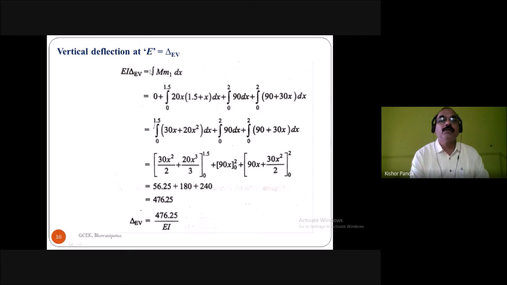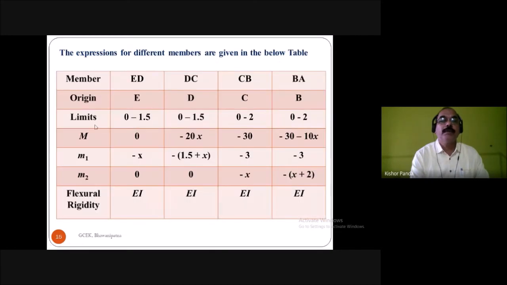Then you put the value of capital M and small m1. This is the integration limit: for ED 0 to 1.5, for DC the integration limit is 0 to 1.5, for CB the integration limit is 0 to 2, and for BA the integration limit is 0 to 2.